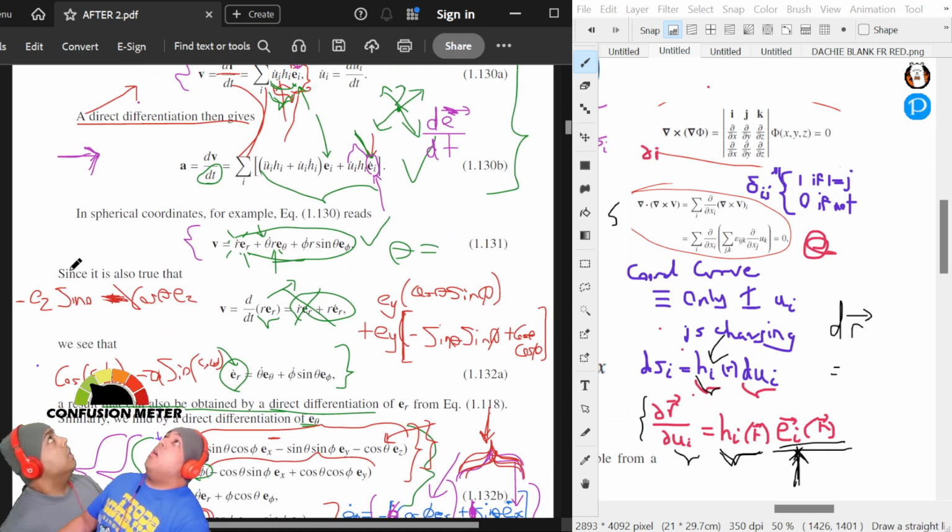Since it is also true that v equals d/dt of r equals this, we can see that d e_r/dt, when you differentiate a unit vector with respect to time, may also change its direction, because now it's pointing in the theta and phi direction.